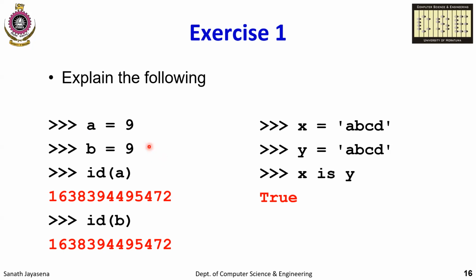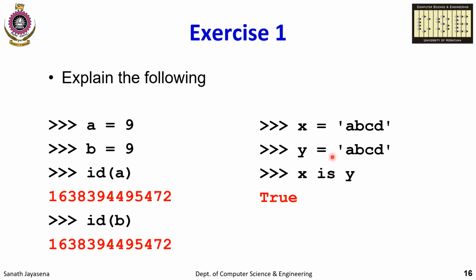Later, when the value of a and b is large, you will realize that the values are actually different here. The identity will be different. The same with strings also. I guess you can try with long strings. Increase the length of the strings and see.